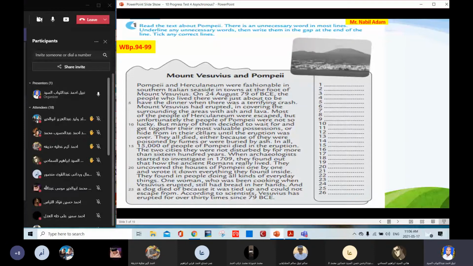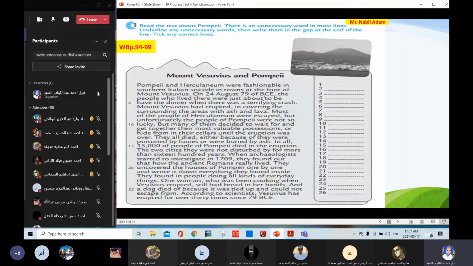So this passage tells us the story of the eruption of Mount Vesuv. It's in Italy. The first time it had erupted was in 79 BCE.